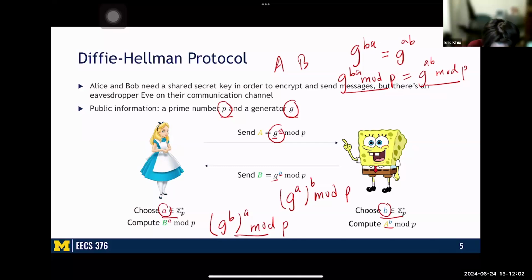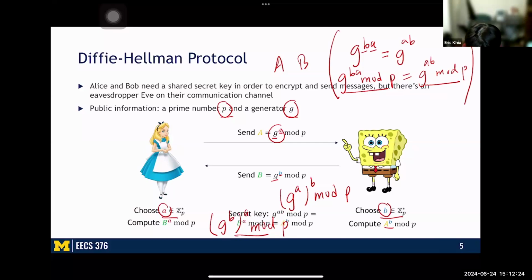So that's the idea behind Diffie-Hellman: one of them has this and the other has this, and therefore they're able to get a key that only the two of them could compute. Is there any question?